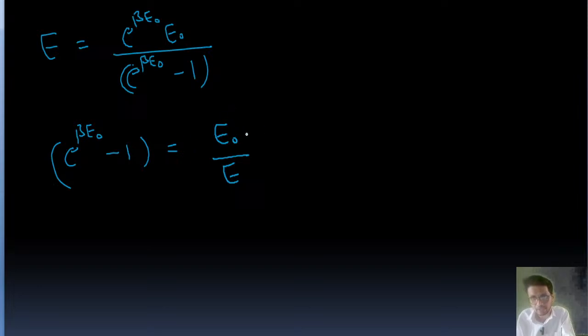So from here we can write e to the power beta e naught minus 1 as e naught upon E. E is the average energy, e naught is the constant.